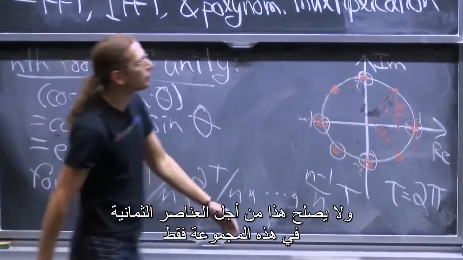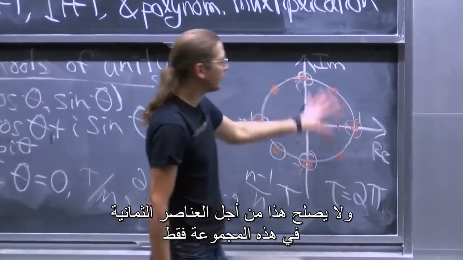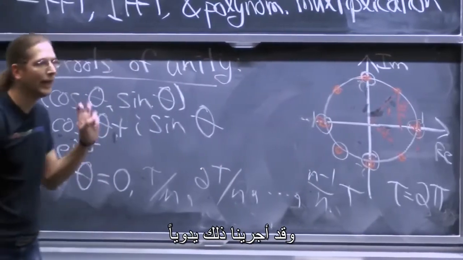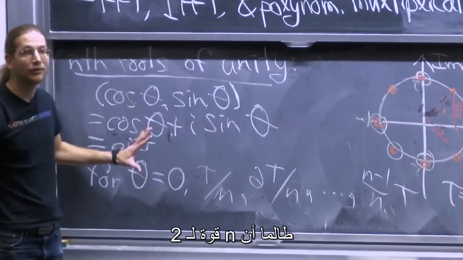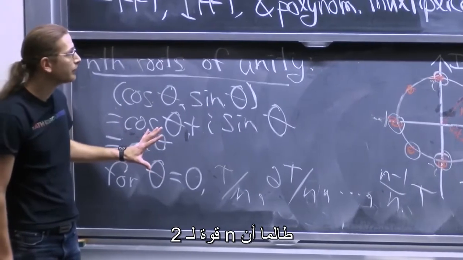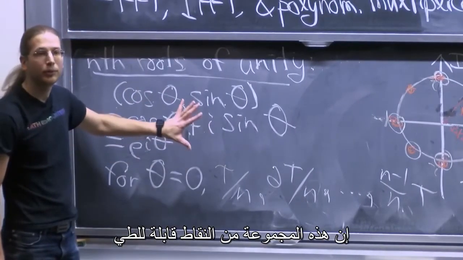But you can see it works not only for this 8-point set that we constructed sort of by hand, but it works for the nth roots of unity as long as n is a power of 2. This set of points will be collapsing.